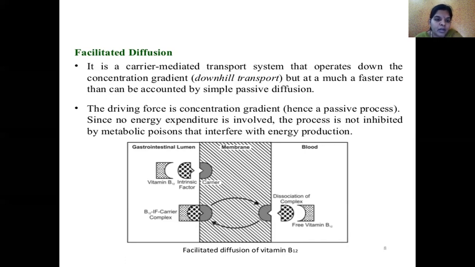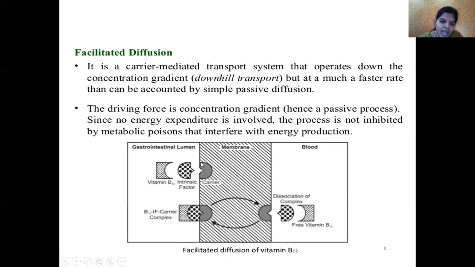The drug will develop some driving force around the GI lumen. So how will the mechanism be? This is the GI lumen, this is the membrane, and this is the blood. Are you noting everything? Just note down. Gastrointestinal lumen, membrane, and this is the blood. See here the structure of vitamin B12. This is an intrinsic factor.